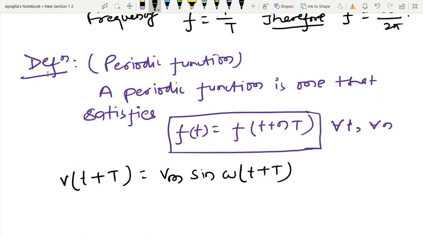I am assuming that the period of this function is T, and from the previous relation I can substitute T equal to 2 pi by omega.